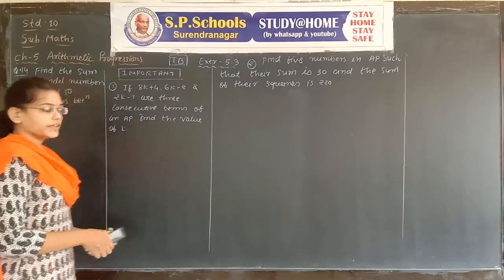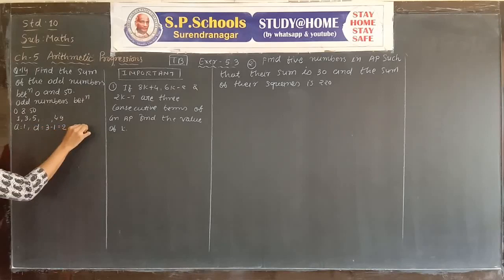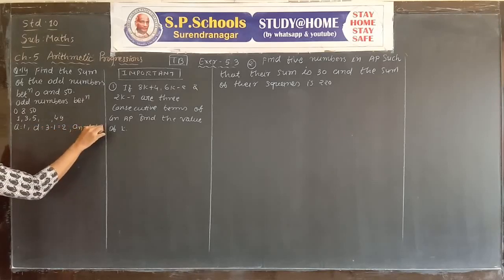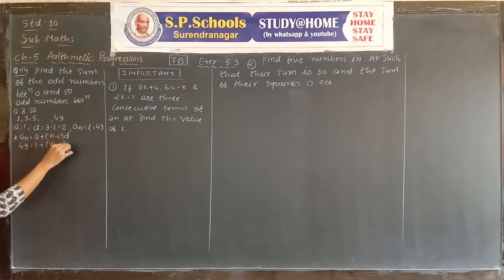Then first of all we need to find the number of terms. First term A is equal to 1, common difference D, 3 minus 1 is equal to 2. Last term An is equal to L is equal to 49. An is equal to A plus N minus 1 into D. An is 49, A is 1 plus N minus 1, D is equal to 2. 49 minus 1 is equal to N minus 1 into 2.